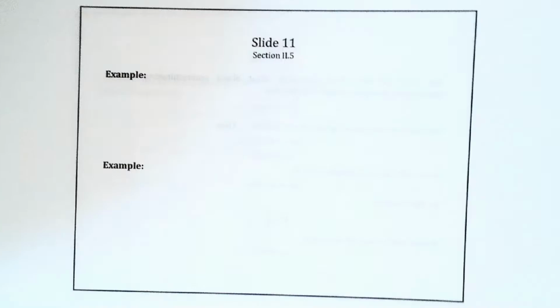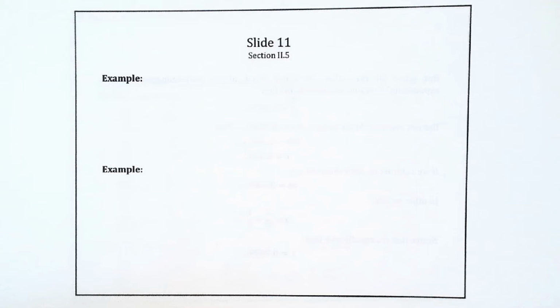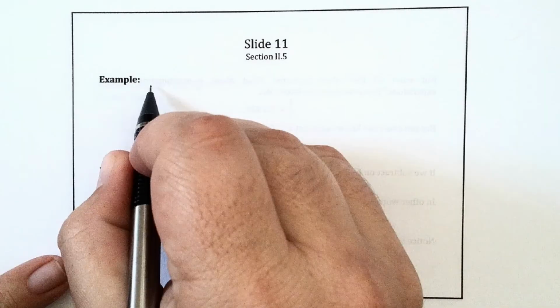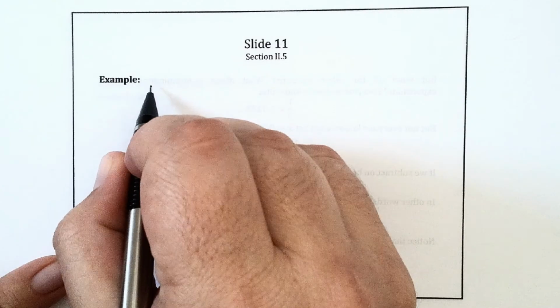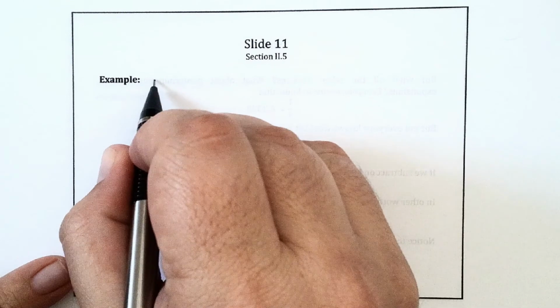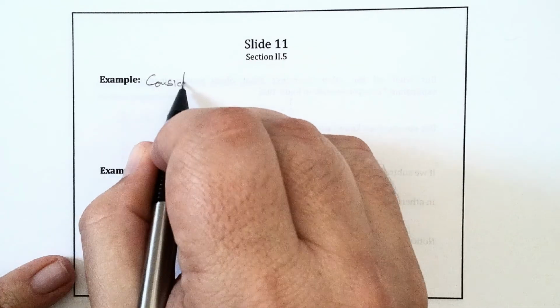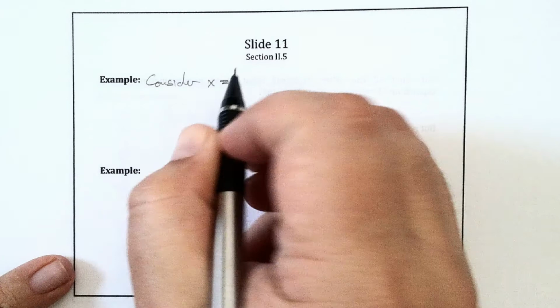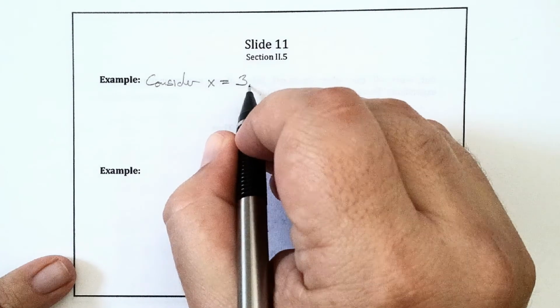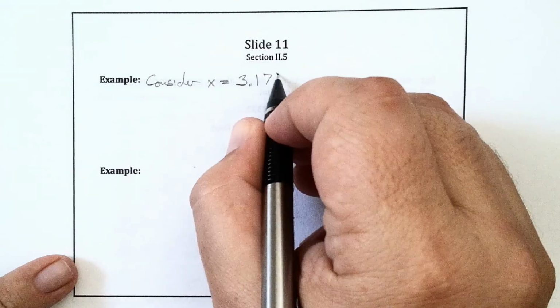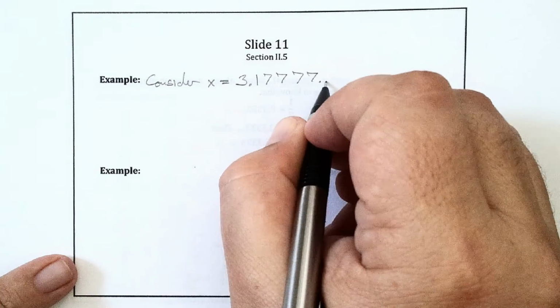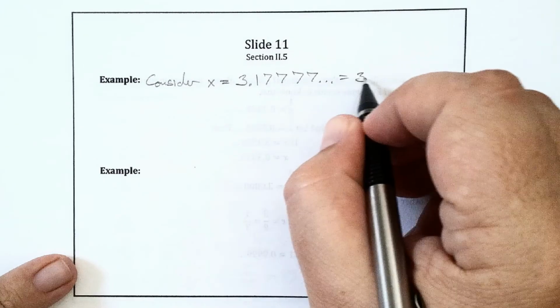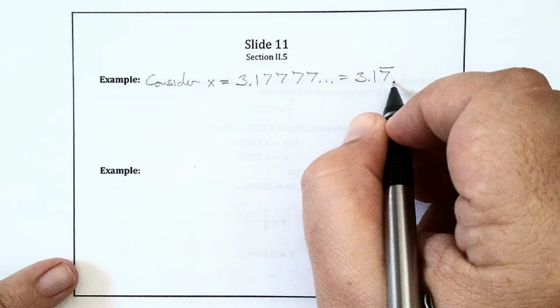Okay, let's try a couple more examples. Consider x equals 3.177777 and so on, or 3.17 with the bar over the 7.